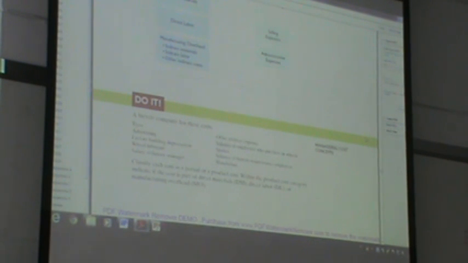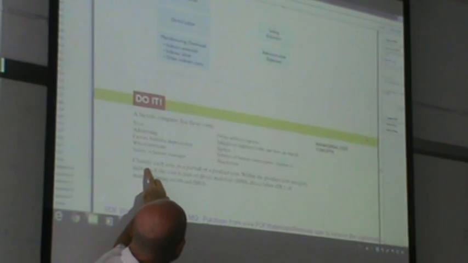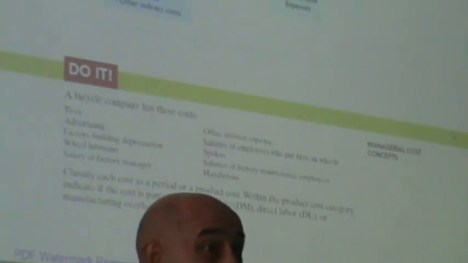So, a bicycle company has these costs: tires, whatnot. Classify each cost as a period or product cost, okay? So you've got to say, this is a period cost, this is a period cost, this is a product cost. That's for next time. For you to understand is that you recognize this Do It section, which will give you a simple example.